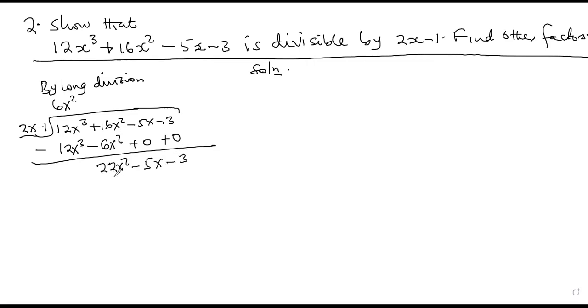Still, 22x squared divided by 2x, it will give you plus 11x. 11x times 2x, that is 22x squared. 11x times -1, that is minus 11x.